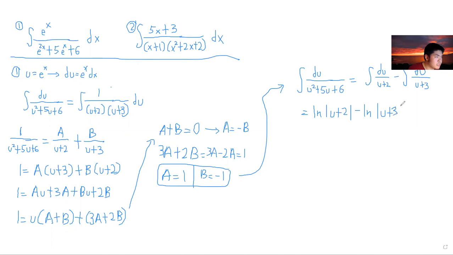But we're not done yet because we have to convert it back to x, our original substitution. So the answer is equal to ln of e to the x plus 2 minus ln of e to the x plus 3.